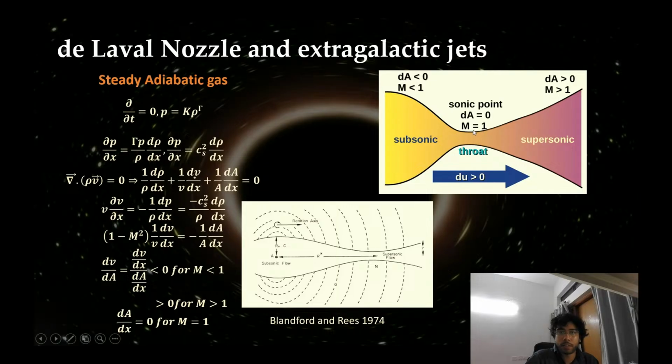Similarly, it will have a constant area with respect to x in the throat region where it achieves sonic speed. Similarly, for M greater than 1, dV/dA should be positive. So that means the dA should also be positive. So the area should increase with x in the supersonic region as well.